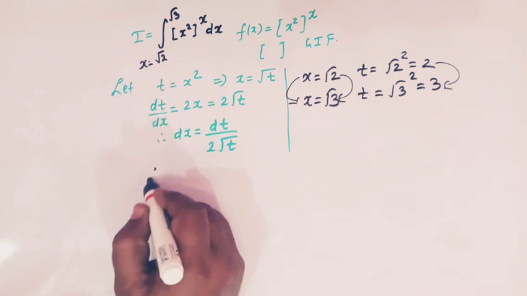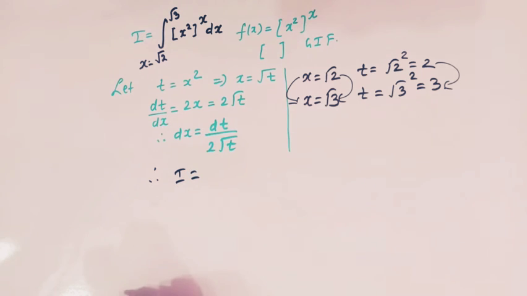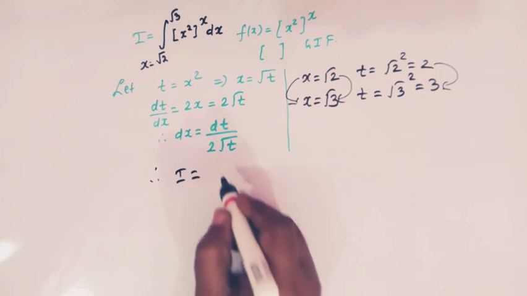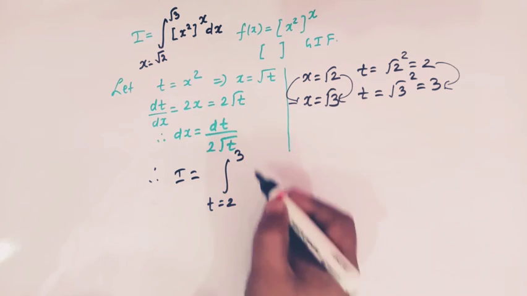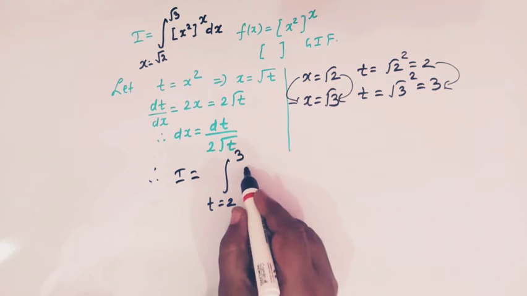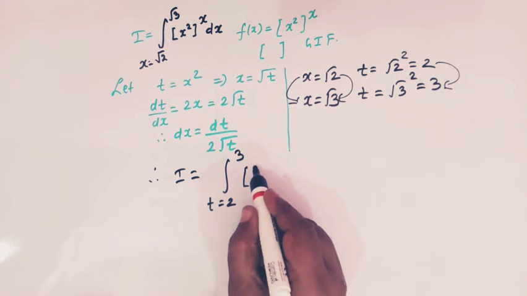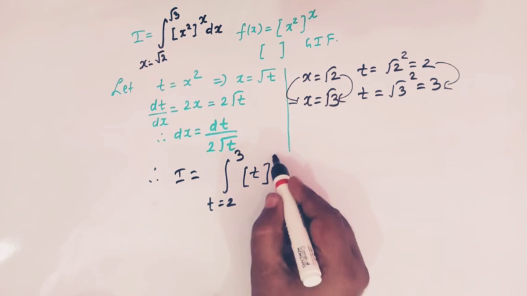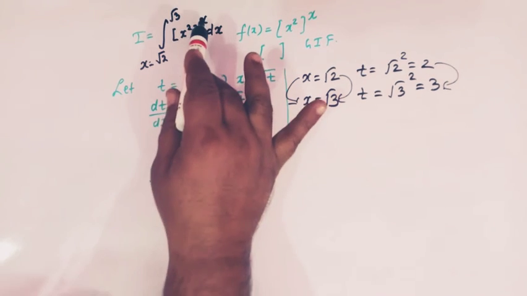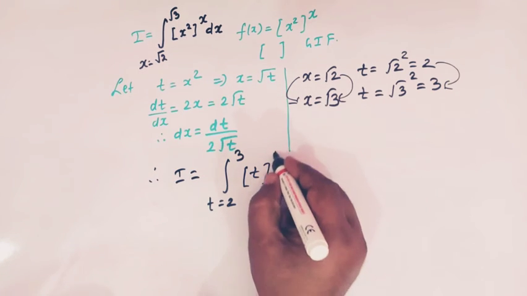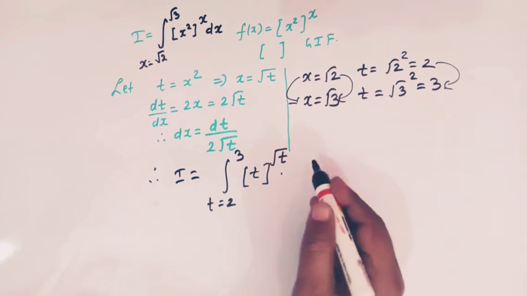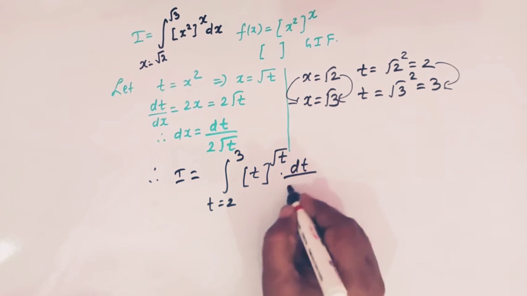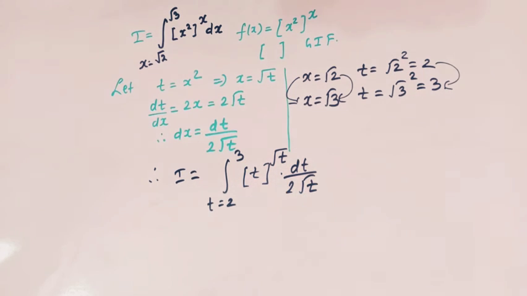So now this integral I can be written as the integral from t is equal to 2 to 3 of greatest integer t raised to, for x we will have square root of t, and for dx we will have dt over 2 times square root of t.